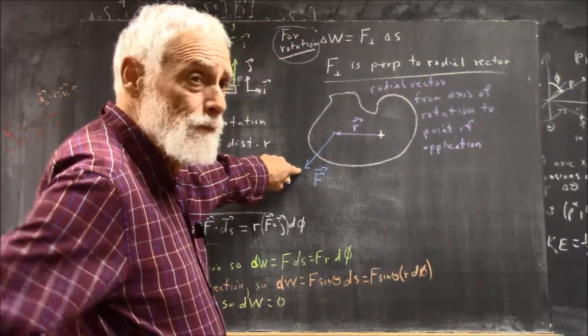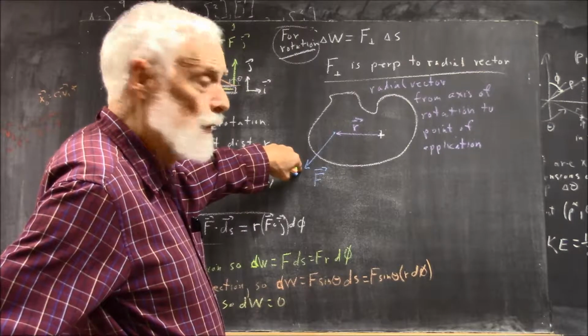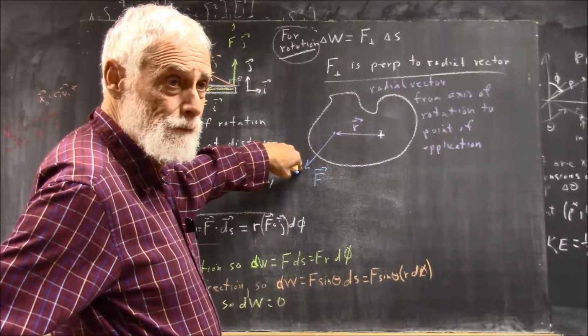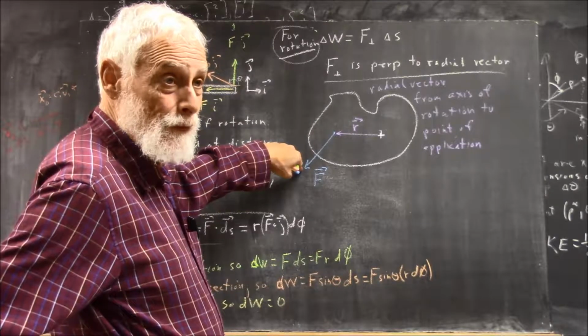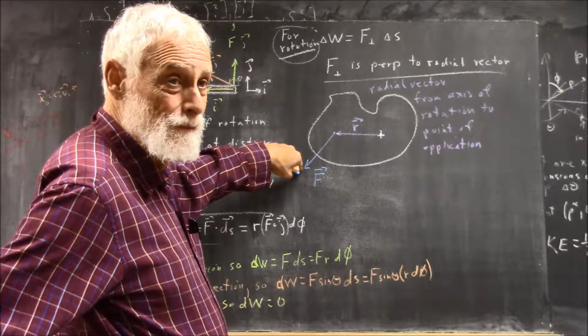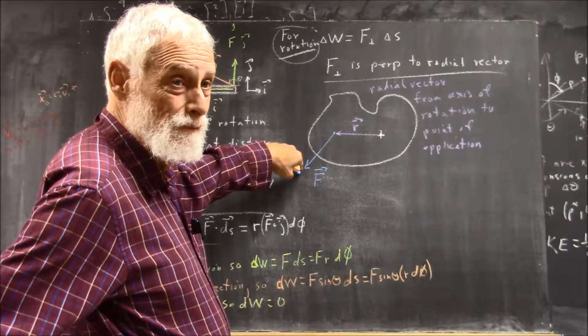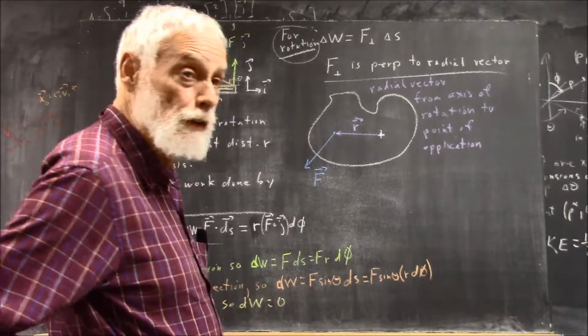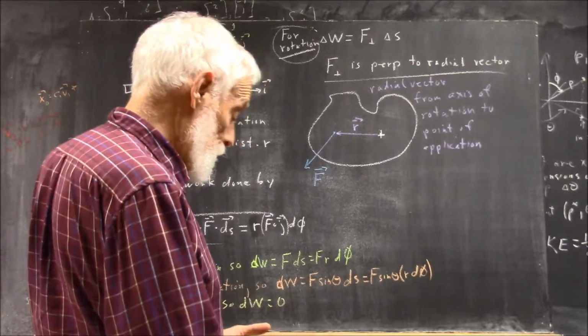Okay. Now, what percent of the magnitude of this force do you think actually contributes to the rotation? Something like, what, about 60%? Okay, I'll go with 60%. I think in the 60, 70 range. Okay, maybe even 80.